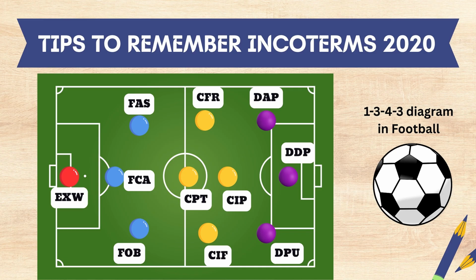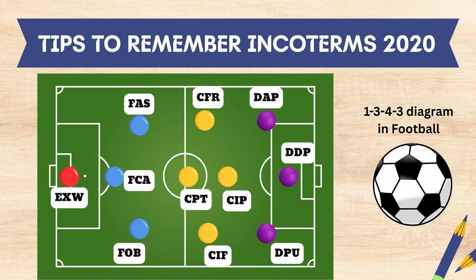This yellow group will be CFR, CIF, CPT, and CIP. The CIP covers more broadly, so it is placed above CPT. And the final group is the D group, which includes 3 terms: DAP, DDP, and DPU.